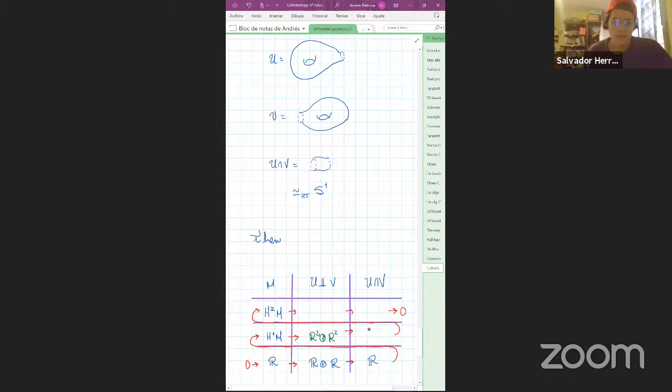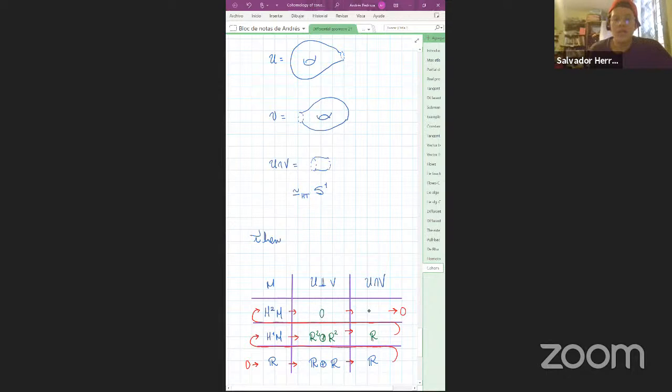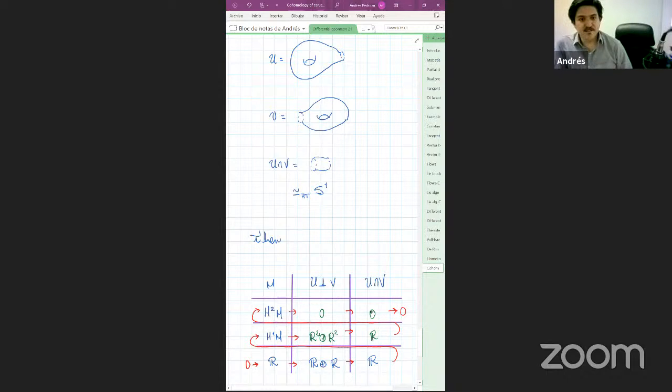That is R. Here? 0. 0. Right. Okay. So this is the Mayer-Vietoris sequence.